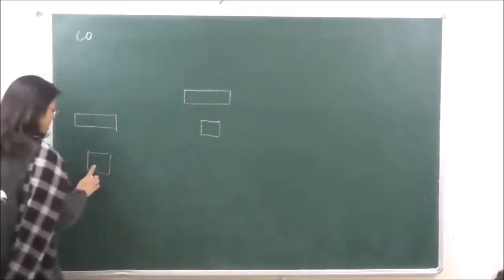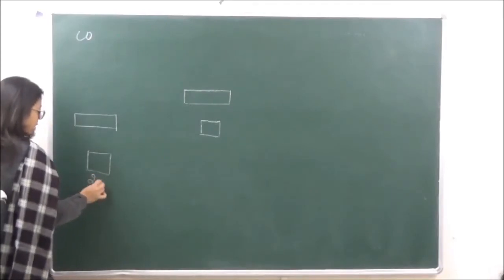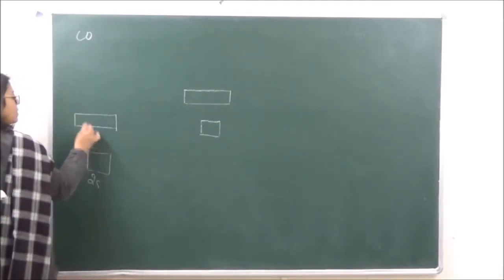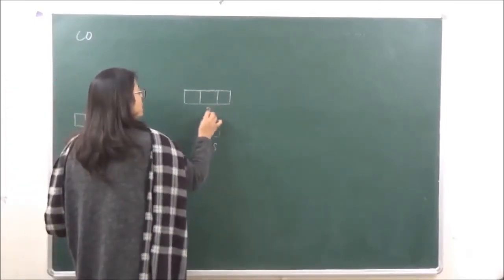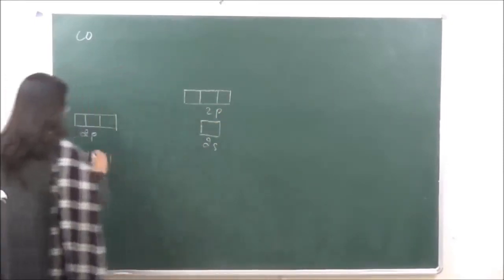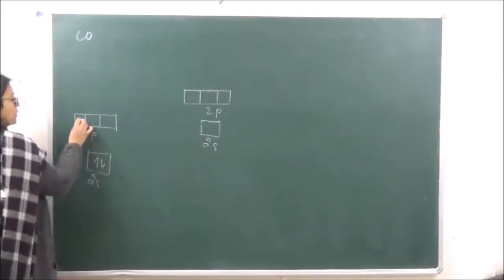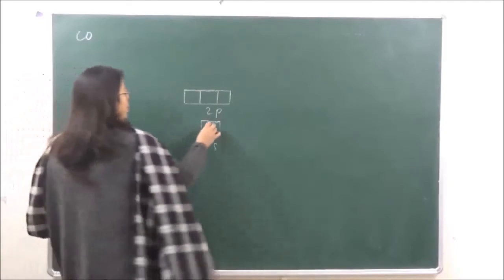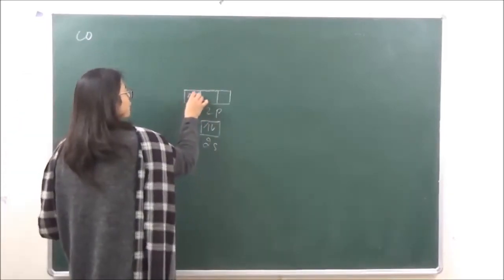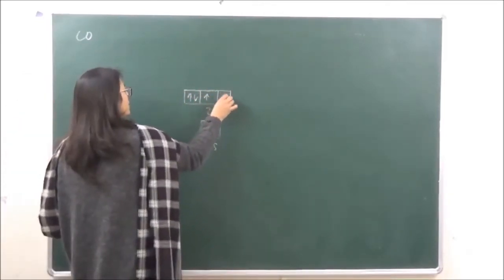Okay, so in case we have over here, let's see that this is the molecule, 2s and 2p for carbon, and this is 2s and 2p for oxygen. When you're looking at the electronic configuration, it is going to be 2s2, 2p2, okay? And over here it is 2s2, 2p4, right?